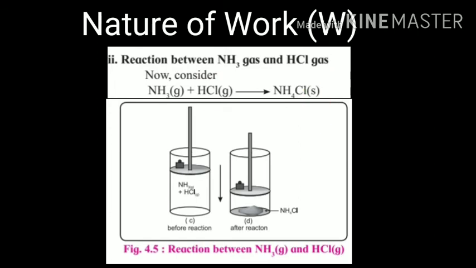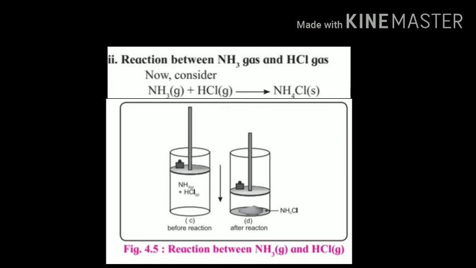So the gas is now going to contract, and the piston along with the mass is going to come in a downward direction. So here the surrounding is doing work on the system by losing energy. Hence the work done by the surrounding is equal to the energy gained by the system. So this is another example of pressure volume work.